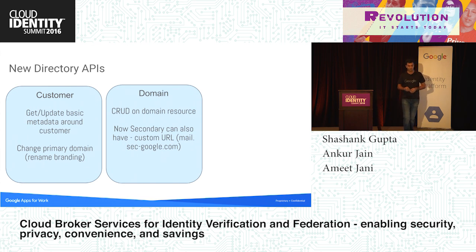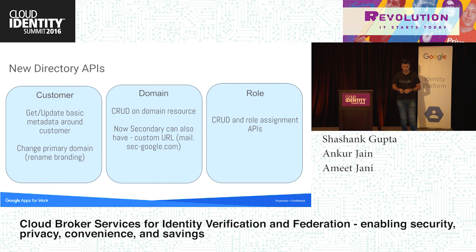One of the things we fixed is that on secondary domains you can now add custom URLs. Typically, if you want to go to Gmail, you go to mail.google.com/company.com. But having custom URLs that redirect you to your corporate email for Google using Gmail was not possible on secondary domains. It was only possible on primary domains. So we fixed that.